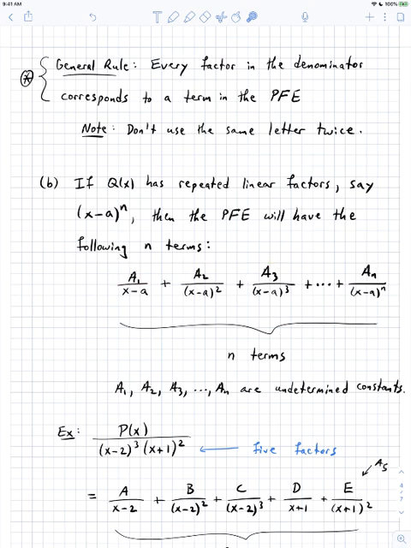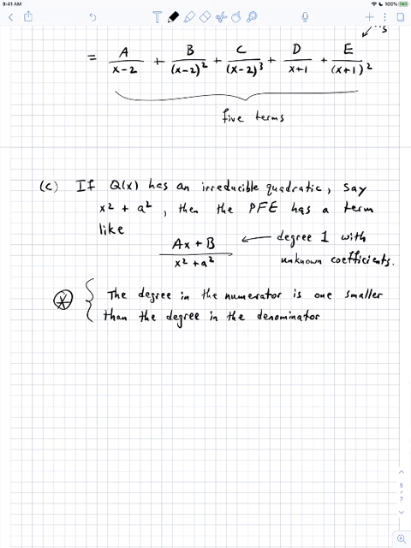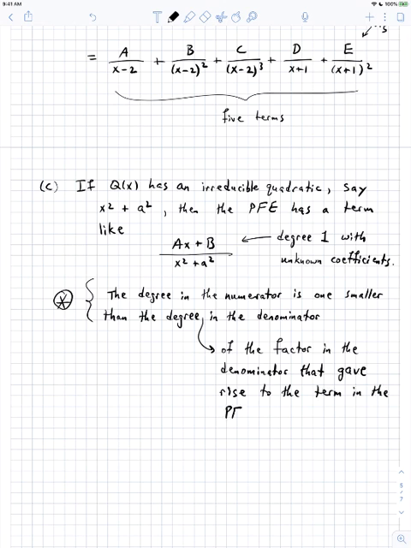So the numerators have to be 1 degree smaller, or 1 degree fewer, if you prefer. So when I say the degree in the numerator is 1 smaller than the degree in the denominator, what I really mean is the degree of the factor in the denominator that gave rise to the term in the first place, in the partial fractions expansion.